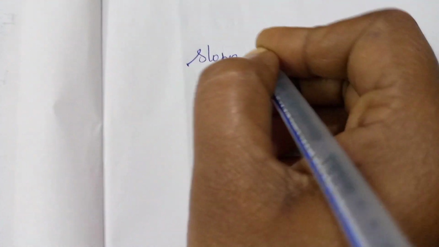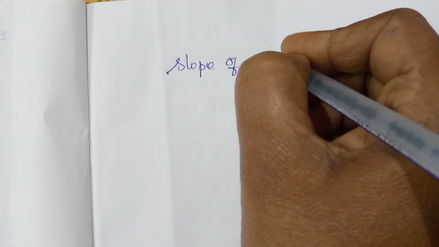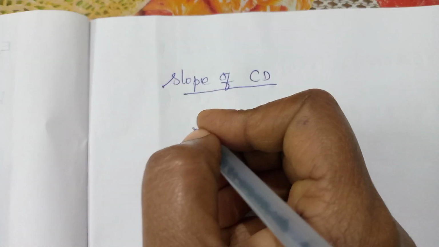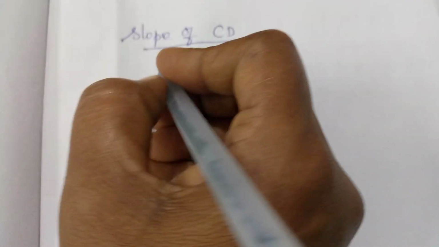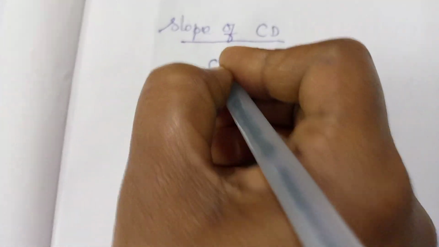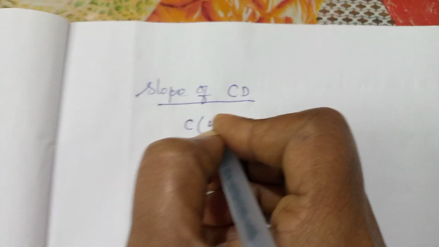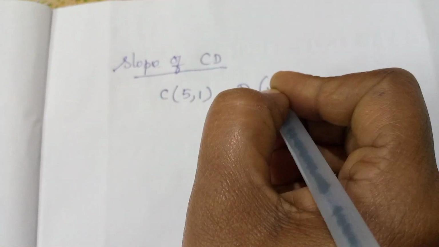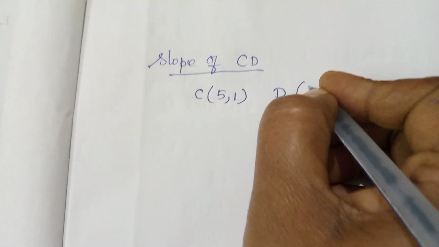Slope of CD. That is C of 5 comma 1 and D of 2 comma 1.